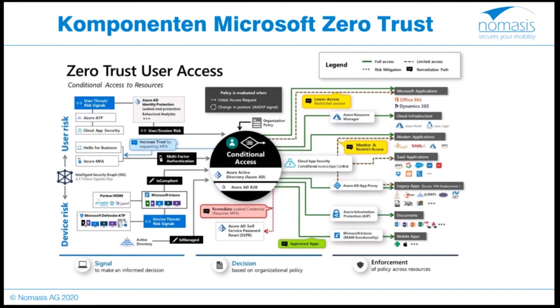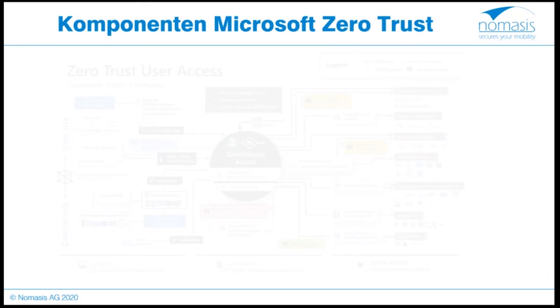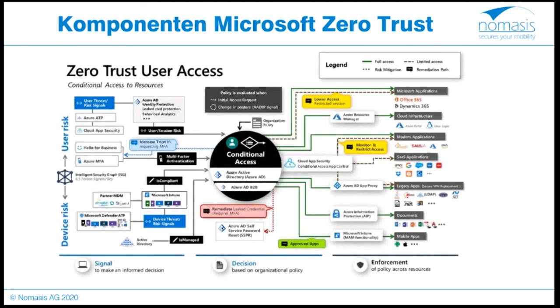Actually, it looks like this. So these are the components. Just see, I had the German word. Okay, I forgot to translate the title. Anyway, it sounds the same. The components of Microsoft Zero Trust is actually this. And if you compare the two, I go back, you see we have again on the left side all the signals, so users and risk, device, etc. In the middle, we have our heart with the conditional access.